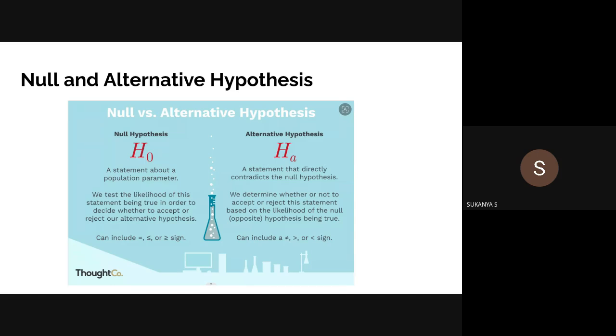Whereas if you believe that no, my average is about 85%, you can put that as your alternative hypothesis. So anything that contradicts your null hypothesis can be called an alternative hypothesis.